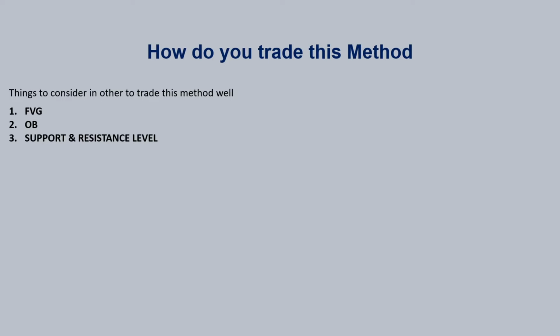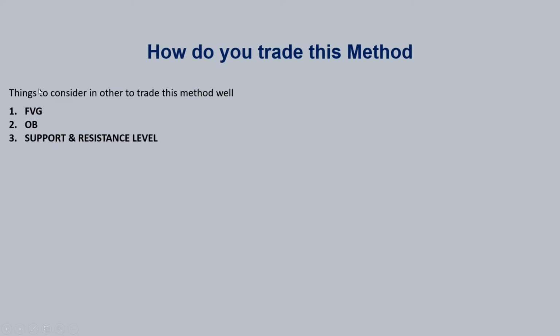Now, to trade this method, the things I want you to consider, right? Somebody might give you a different way of trading this method, but the way I trade this method and the way it works for me is I consider these three things. First, I consider the fair value gap, I consider order blocks, and I consider support and resistance levels.